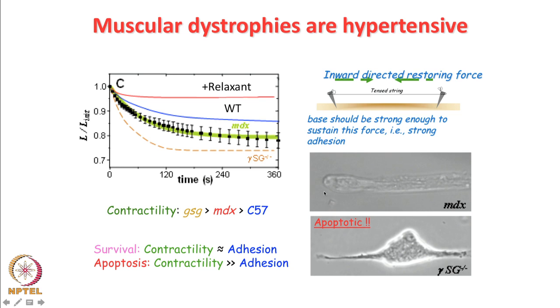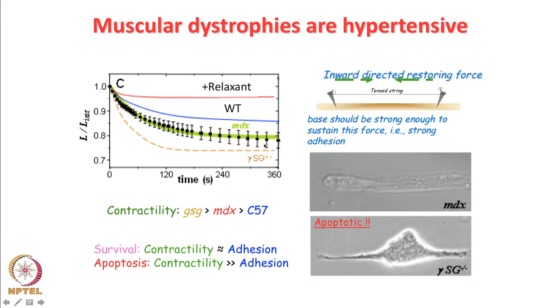If I track this length as a function of time and normalize to its initial length, the cell starts from a value of 1 and slowly drops. After some time, there is no more change in this length, suggesting that the relaxation is because of the tension that was inbuilt in the system.